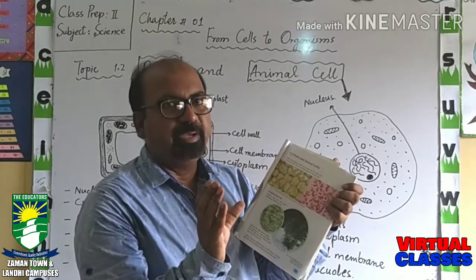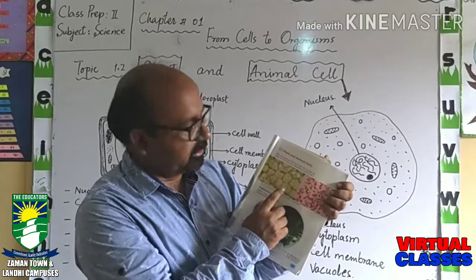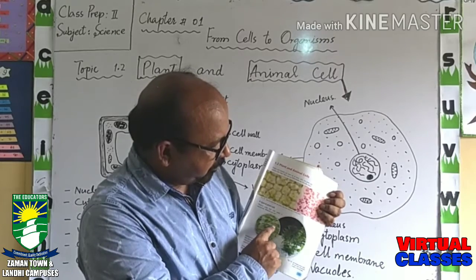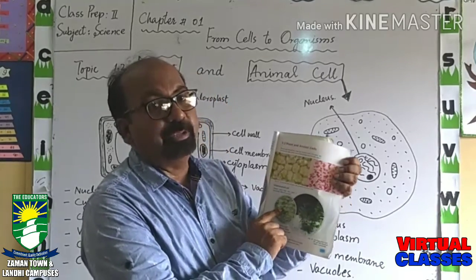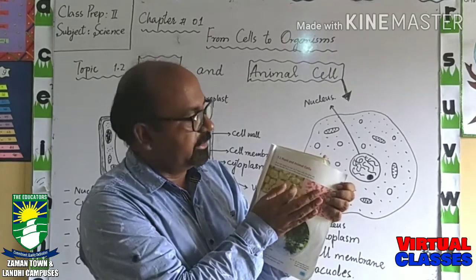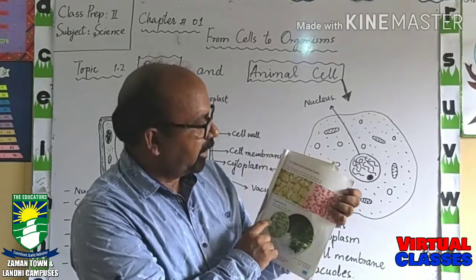Plant cells, regarding shape and size, are present in different blocks. As you can see in this picture and this one, they are present in the block shape. The blocks can be different in size and shape, but they are in the block shape.